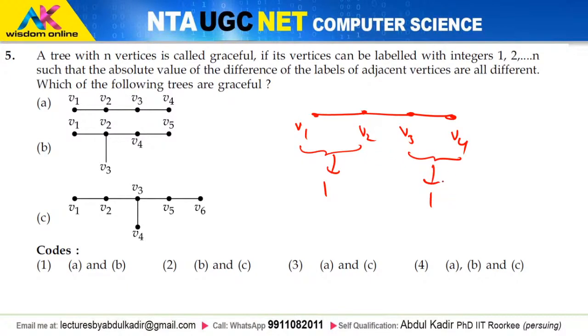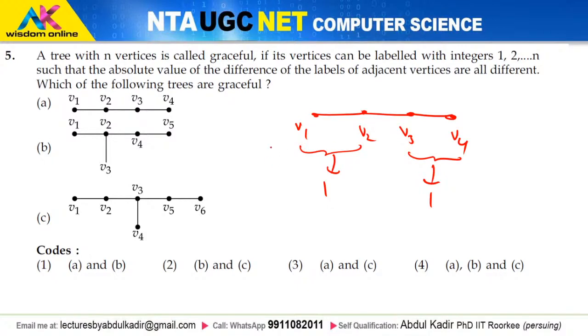Am I reading it correctly? He is saying that if its vertices can be labeled so that the absolute value of difference of labels of adjacent vertices are all different.